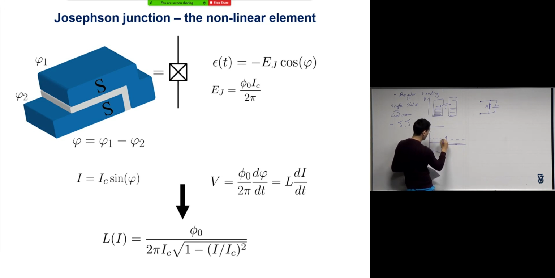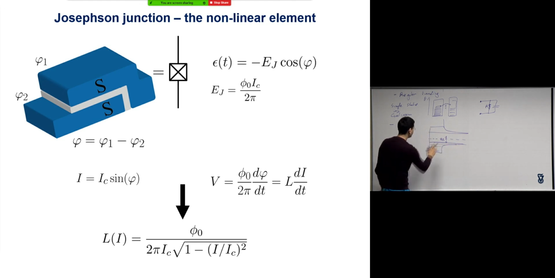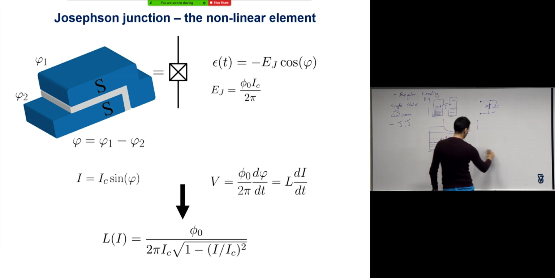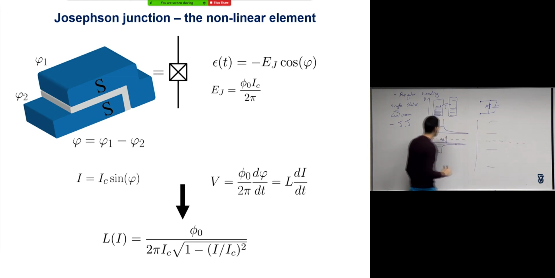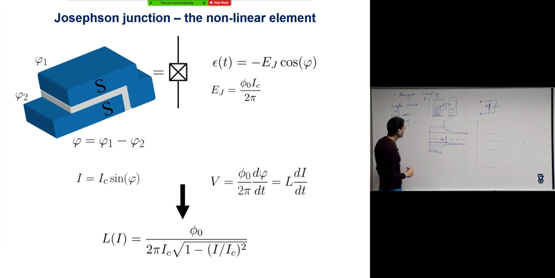Here we have 2 delta. And here again, the density of states diverges. These are all filled states. So this is our superconductor, and we have another one like this over here. Like that, this is the condensate, and so on.